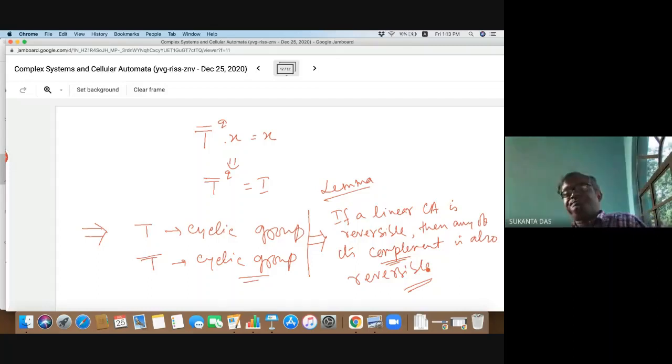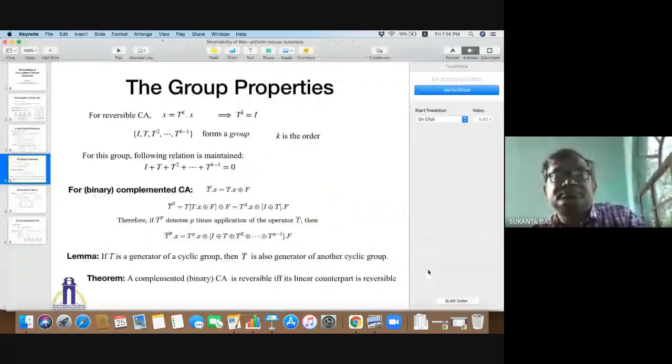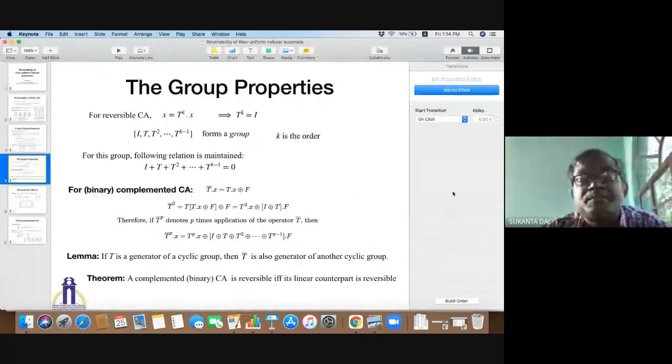Okay. Now the last part of today's class, that's also important. The lemma says that if a linear CA is reversible, then its complement is also reversible. But the opposite one. The last one is the theorem: a complemented CA is reversible if and only if its linear counterpart is reversible.